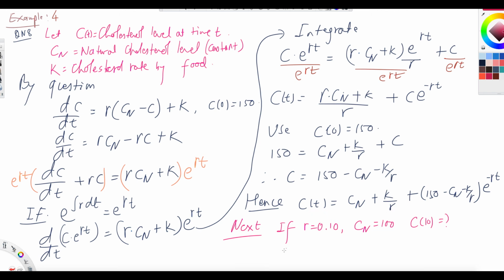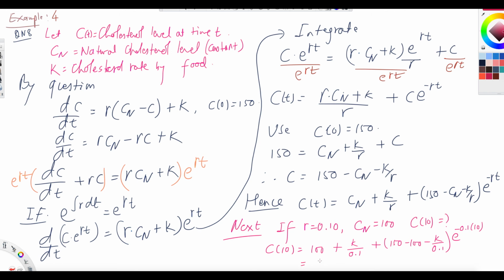So you get C(10) equals 100 plus k over 0.1, plus 150 minus 100 minus k over 0.1, and then e to the negative 0.1 times 10. How much would that be?